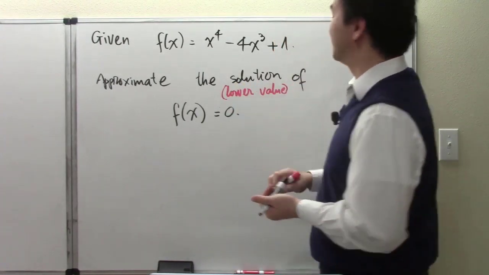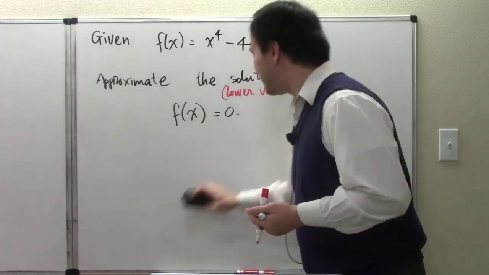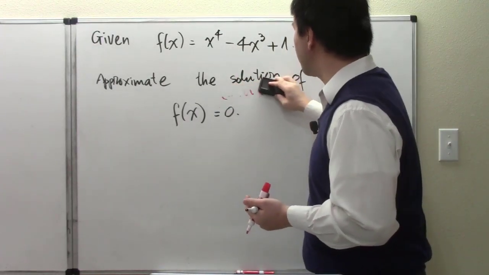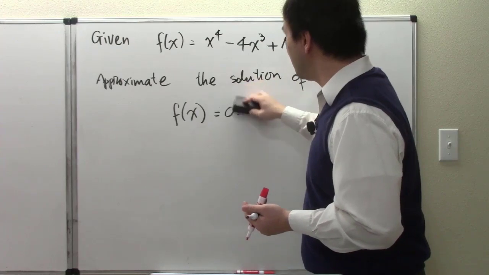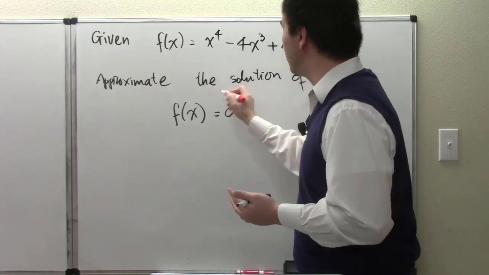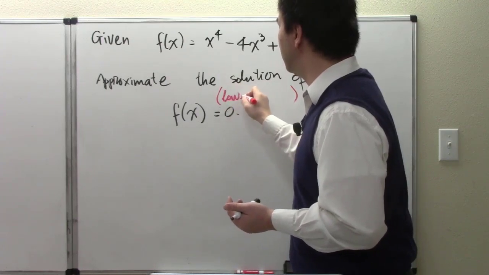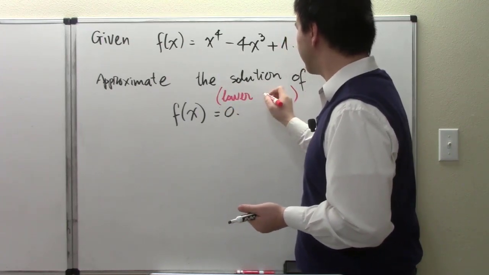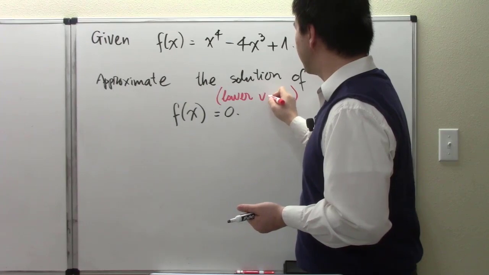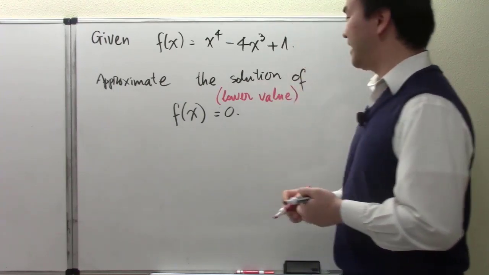We have seen through observations on the graph that there are two x values where the graph crosses the x-axis, and I'm aiming at the lower value. That's our goal.